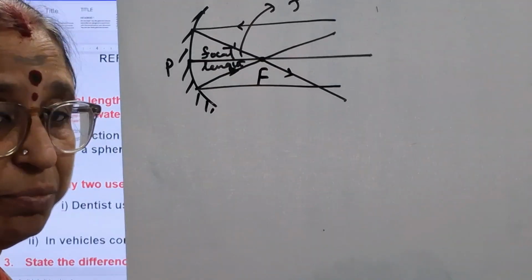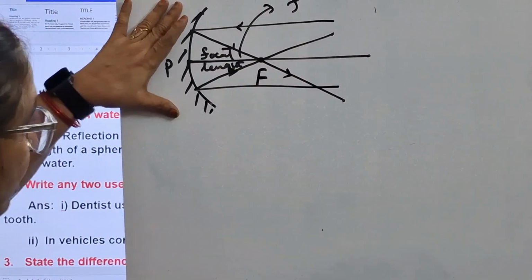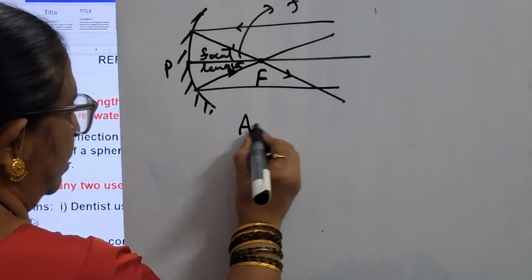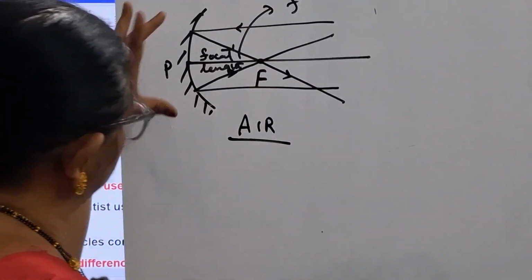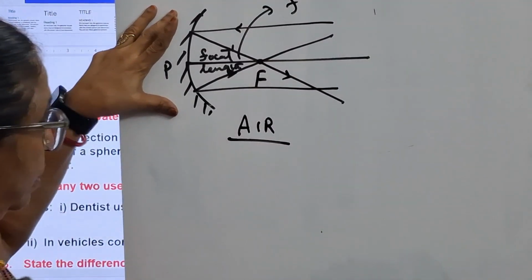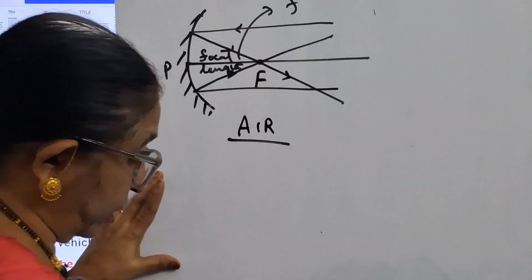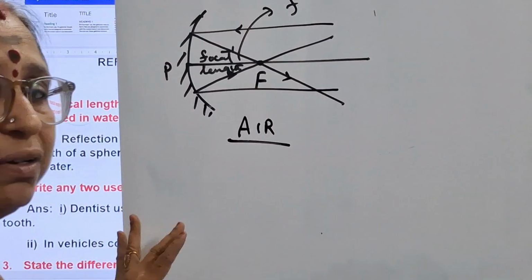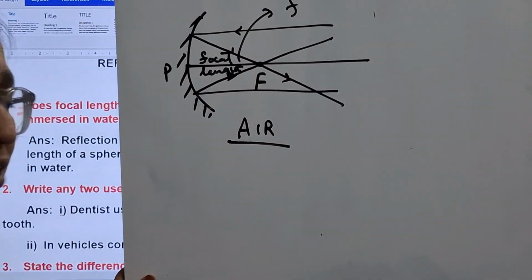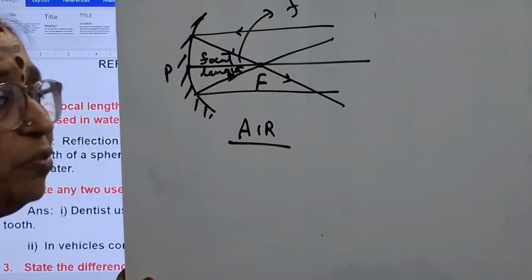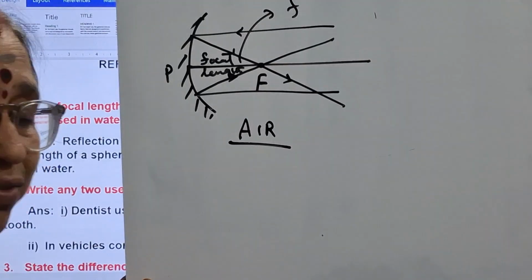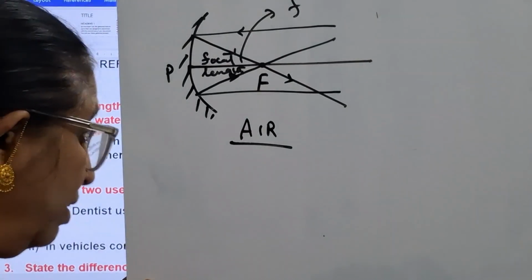Because this figure which I have given is in air. So suppose the same mirror is immersed in water or in oil, is this focal length going to change? That is the question, children.